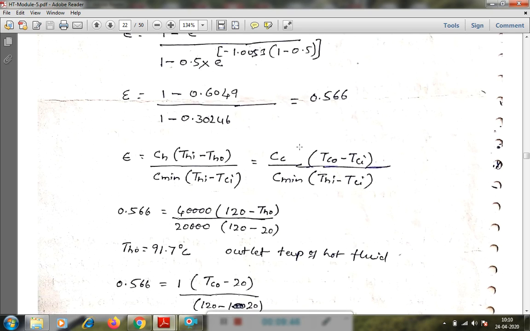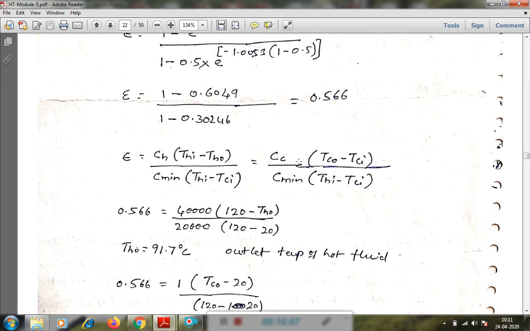For calculation of the temperature, we use the effectiveness equation in terms of the temperatures. That is, effectiveness is equal to Ch into (Thi minus Th0) by C min into (Thi minus Tci), the actual heat transfer to the maximum possible heat transfer.